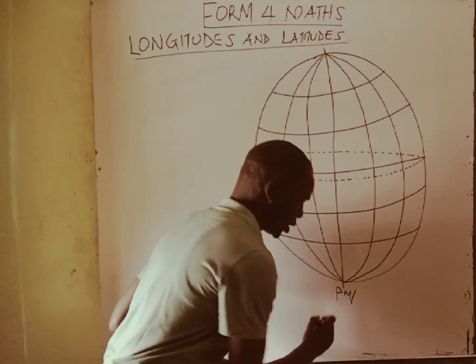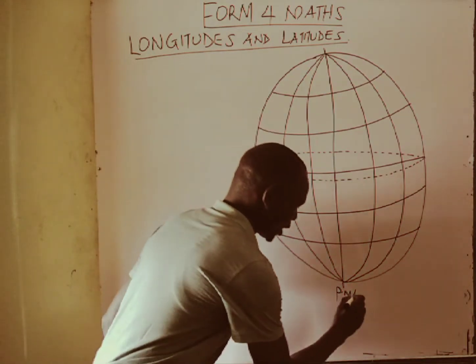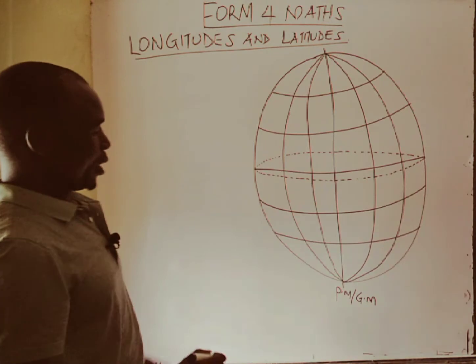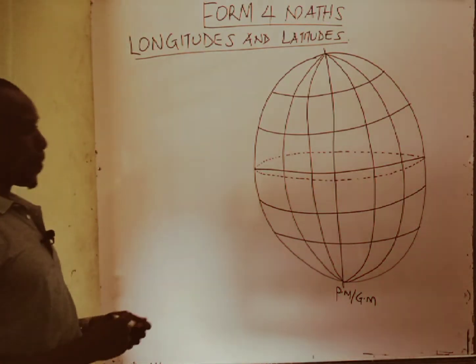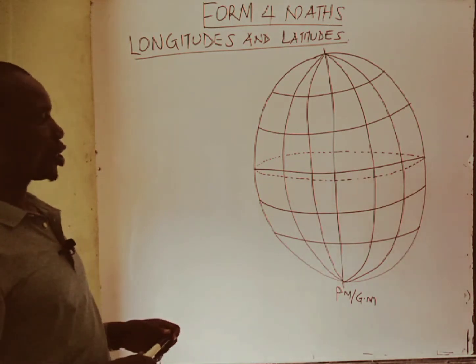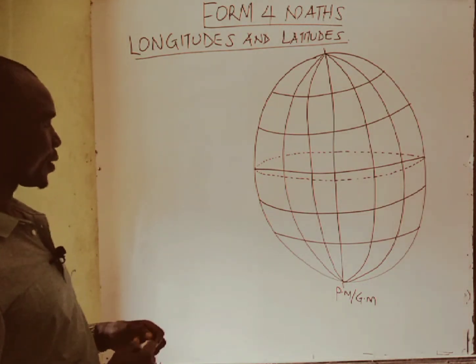So we can call it either the prime meridian or the Greenwich meridian. These longitudes are used to locate the positions of these physical features on the earth's surface.